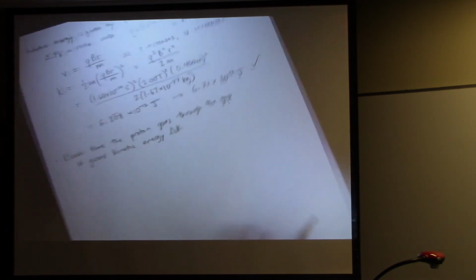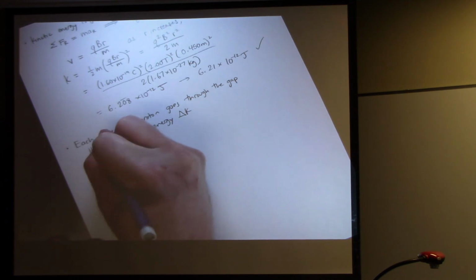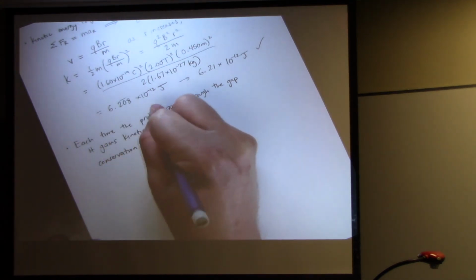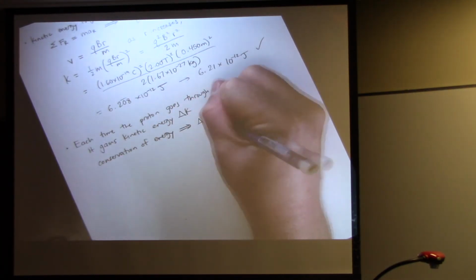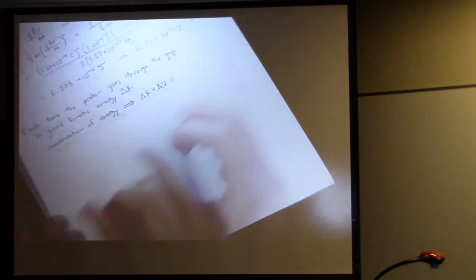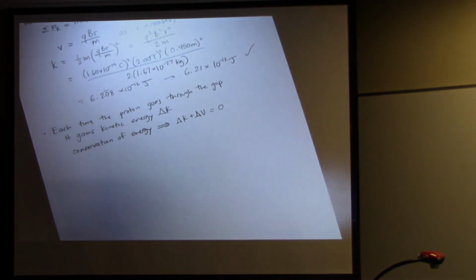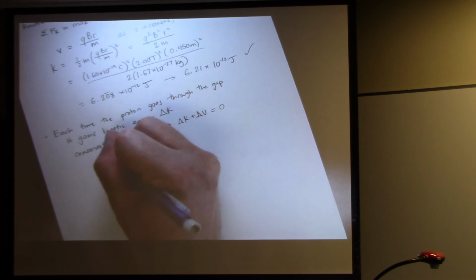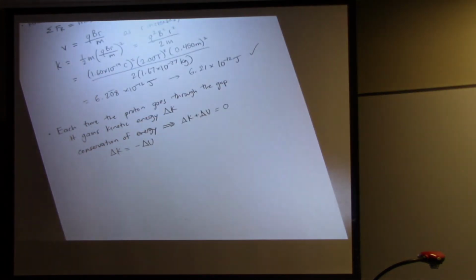And we can calculate what that delta K is based on conservation of energy, which says delta K plus delta U for this proton equals what? 0. Because energy is conserved overall, so the net change is going to be 0. Delta K in this case is going to be minus delta U, just subtract delta U on both sides.